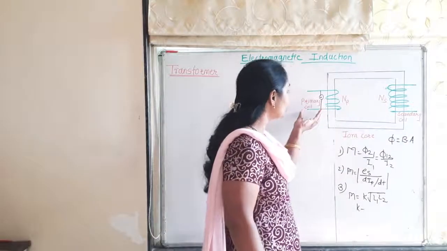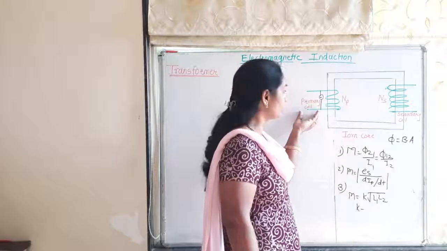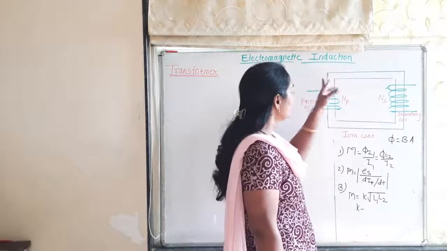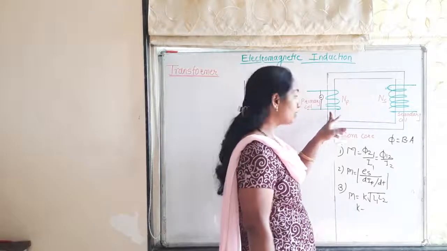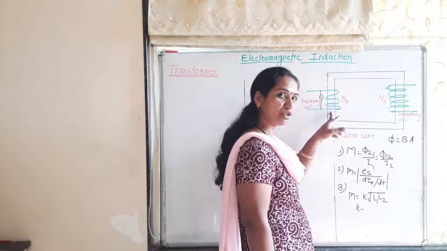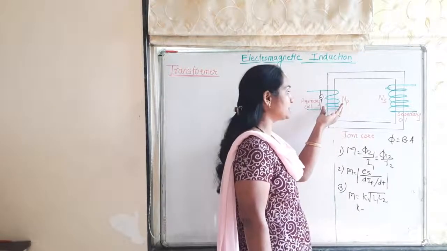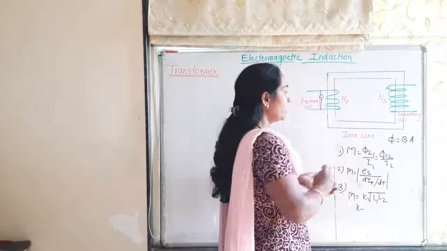When the alternating voltage is provided to the primary coil, the current changes and because of this current a magnetic field is produced, and A is the area of the coil.